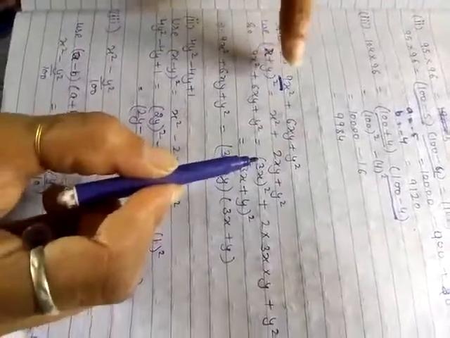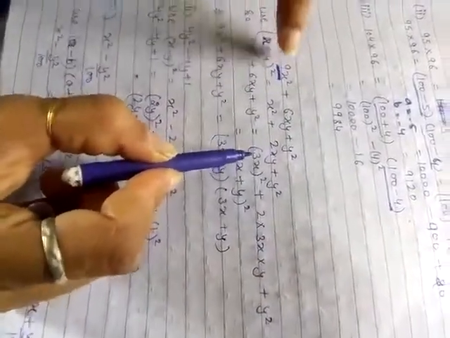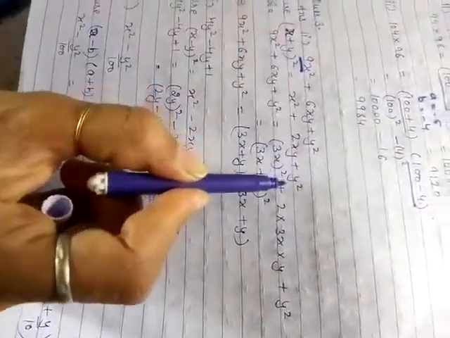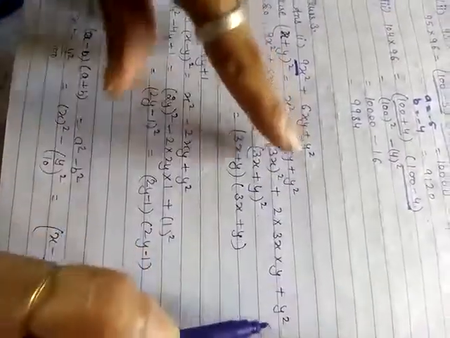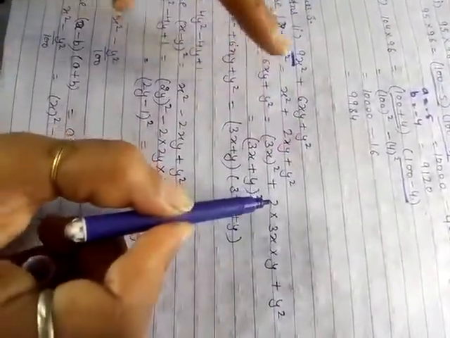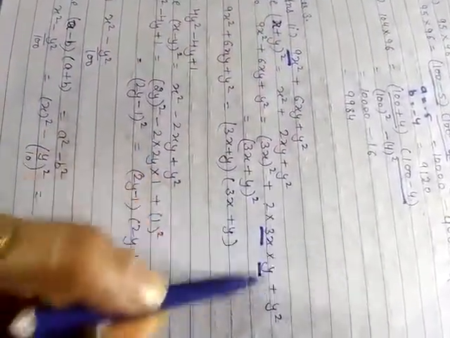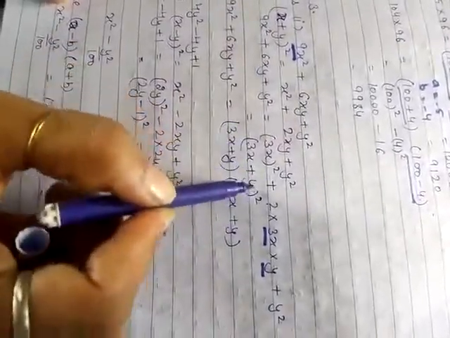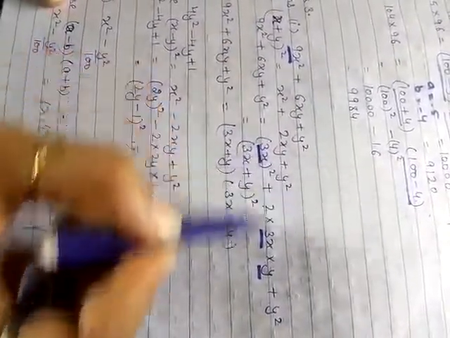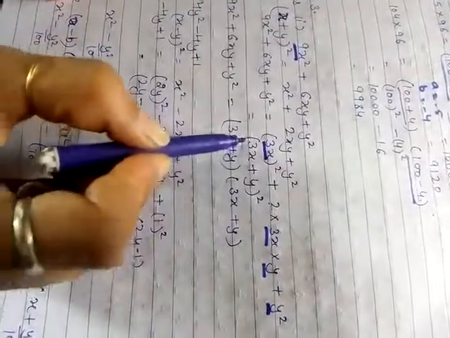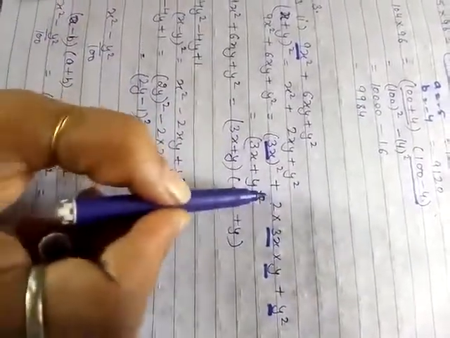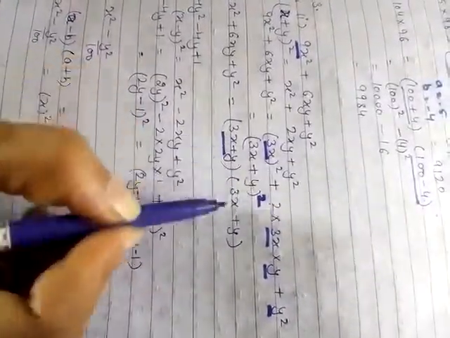So we can write 9x square as (3x) whole square, plus y square remains as it is, and that is 2ab. So that is the identity of (a plus b) whole square. So a is our 3x and b is our y. So (3x plus y) whole square, and whole square means it will be multiplied 2 times with itself. So that is its factor.